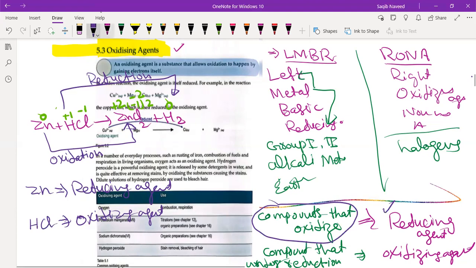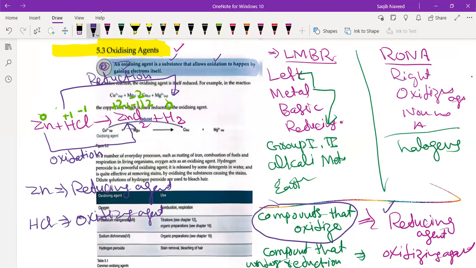Okay, all the steps are from the previous lecture. Look at the definition of oxidizing agent. What it says: an oxidizing agent is a substance that allows oxidation to happen by gaining electrons itself. That actually reduces itself. I repeat, who is an oxidizing agent? Simply those who reduce themselves, those who gain electrons.